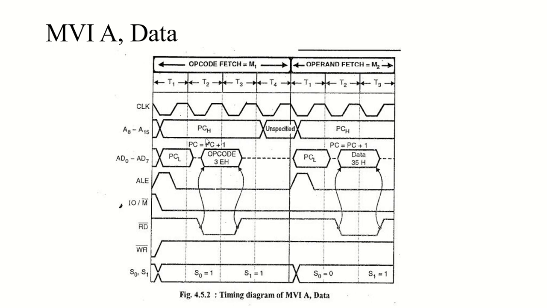For the operand fetch cycle the address is given by the program counter, and the program counter contents are used to read the operand. So the data is read from the addressed memory location into the specific register, and again program counter will increment by 1 to point to the next instruction after this MVI instruction.